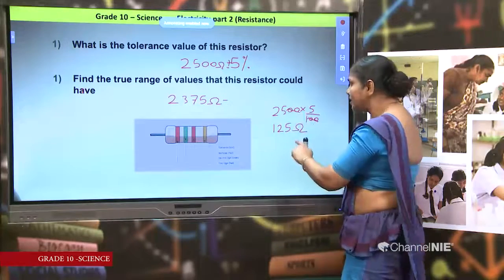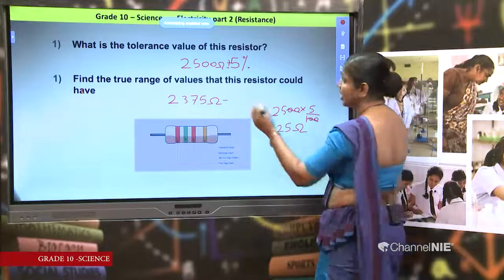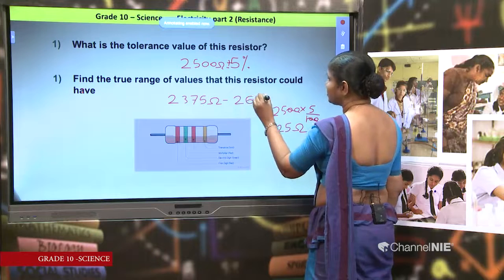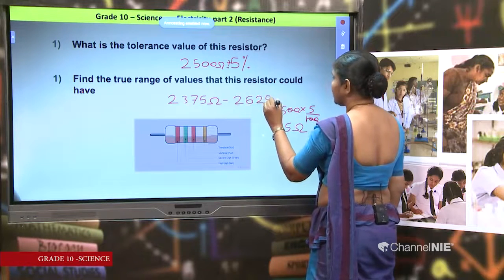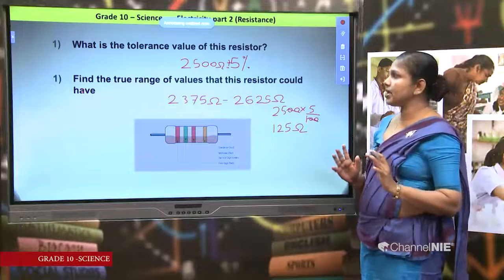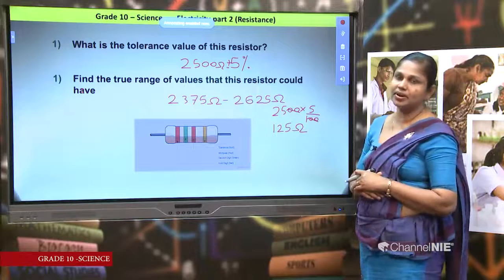When you add 125 to 2500, you get 2625. Then this is the true range of values that this particular resistor could have, children.